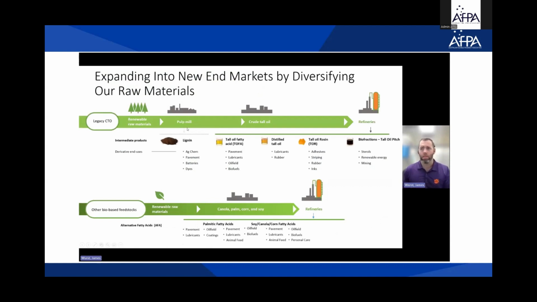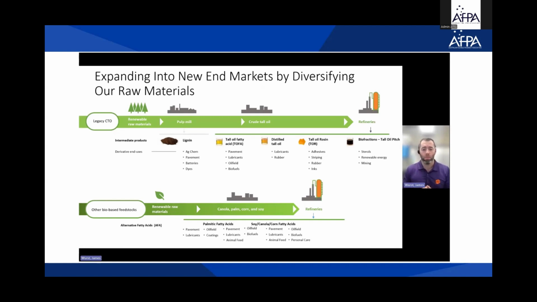We have what we call our legacy crude tall oil business, where pine trees for pulp and paper manufacture are broken down, and we take the oil out of there, the tall oil, and can use it in a variety of applications you see on here. We refine that much like a crude oil refinery. We also have one refinery running on alternative renewable materials such as canola, which is rapeseed oil, or soy, or different materials like that we can also make these products out of.